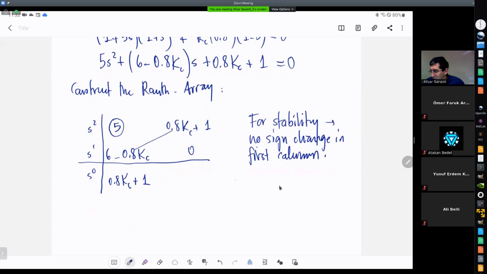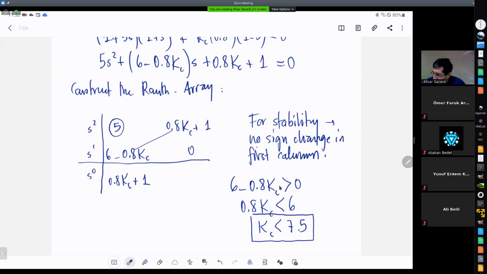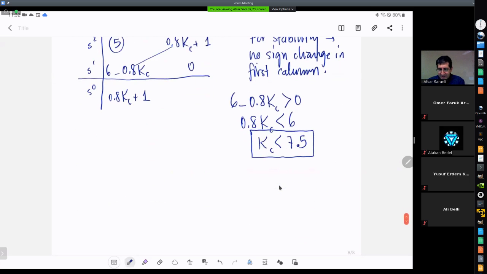So I need to have 6 minus 0.8 Kc being positive, and that means 0.8 Kc has to be smaller than 6, and therefore Kc needs to be smaller than 7.5. So there is an upper limit on Kc, which is 7.5. You can't go any further than 7.5 in the positive direction for Kc.